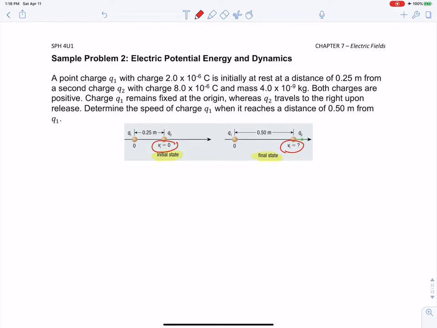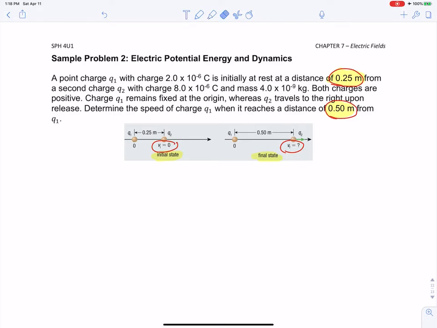Determine the speed of Q2 when it reaches a distance of 0.50 meters from Q1. Now, one thing to note, it starts at a distance of 0.25 meters and ends up at a distance of 0.5 meters, so it's doubling its distance. Interesting to note, and we'll use that to help us solve this problem, basically moving to twice the distance.